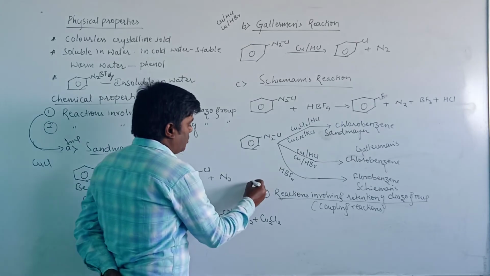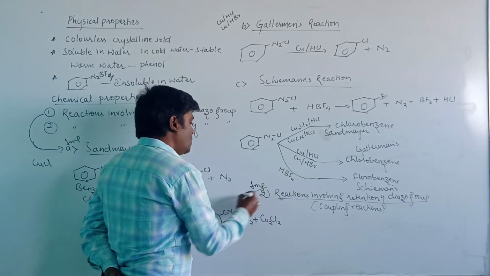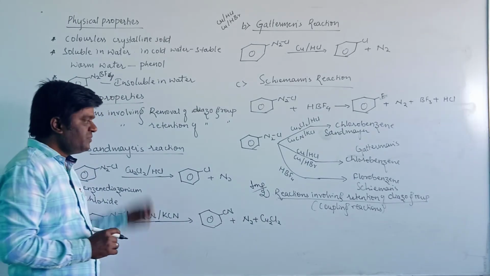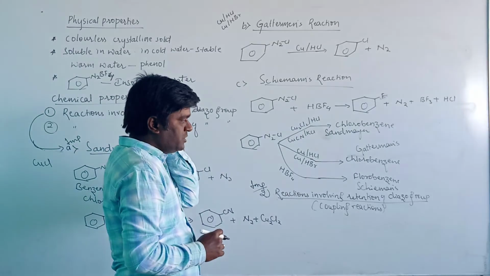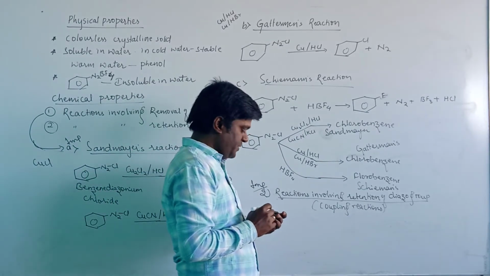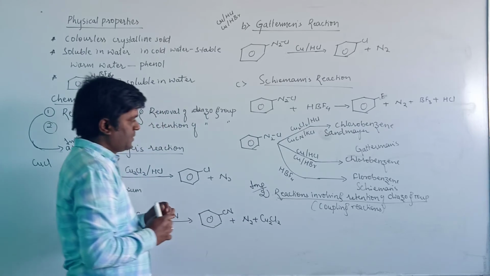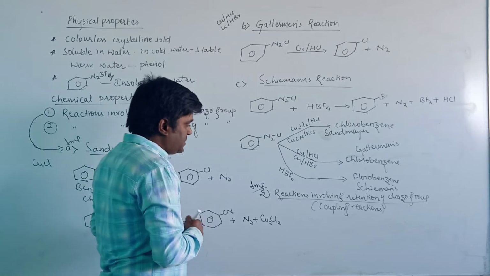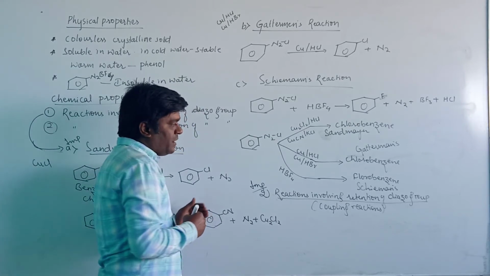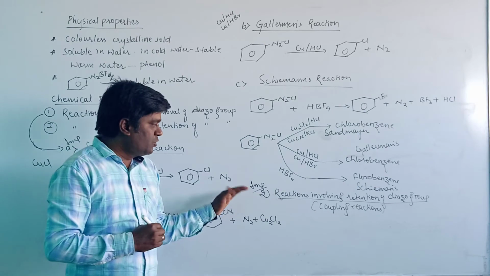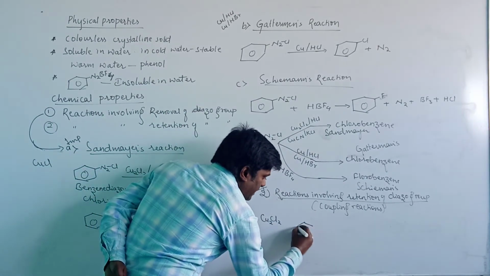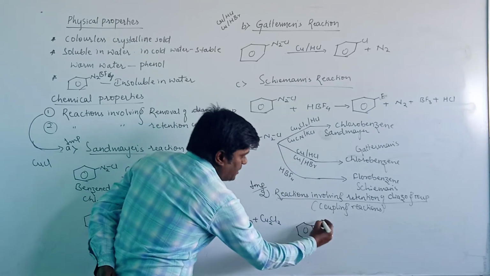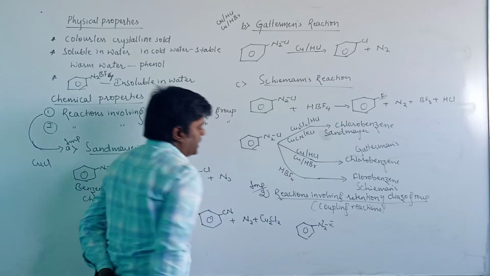This is important. The whole topic, diazonium salt, is important for the examination. Let us see the reactions involving the retention of the diazo group. In the diazonium salt, N2X, there is a positive charge and a negative charge.